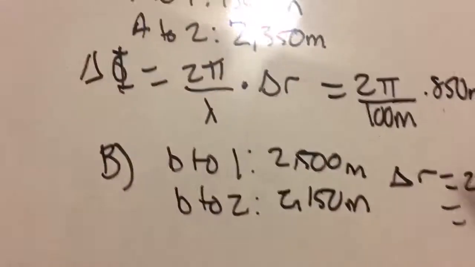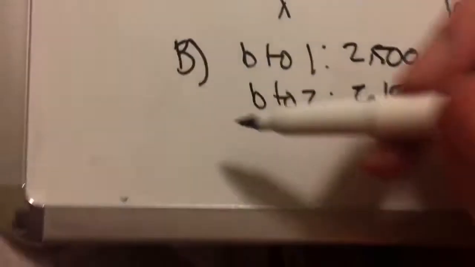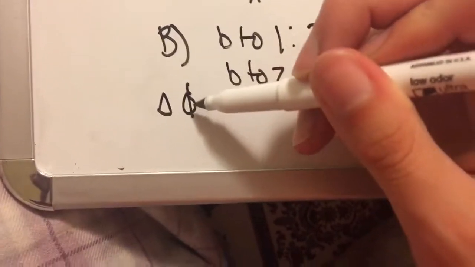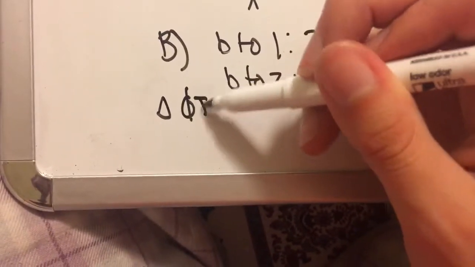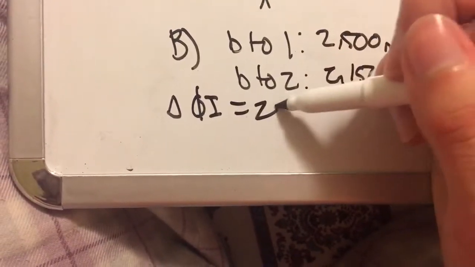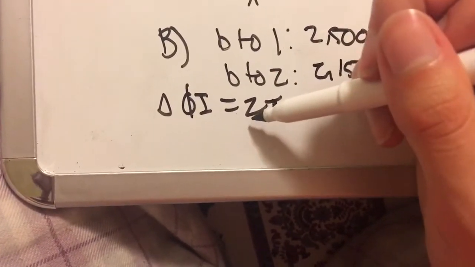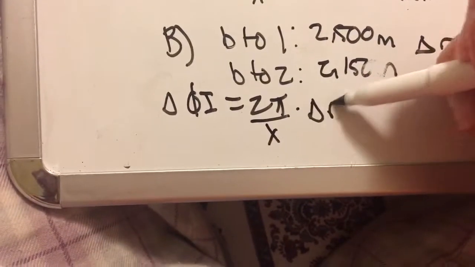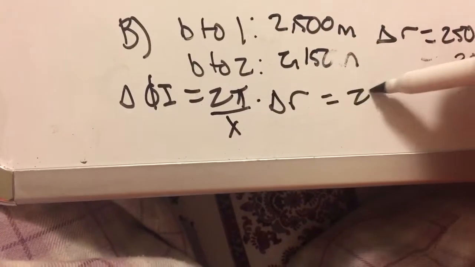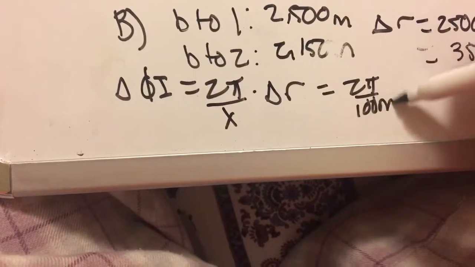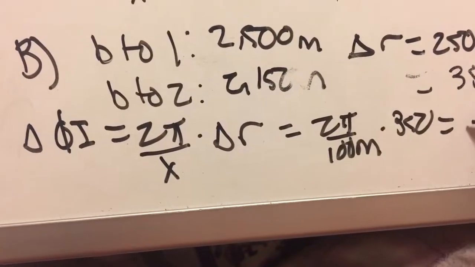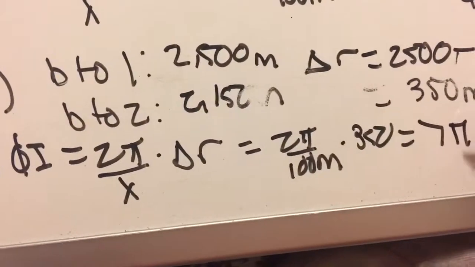So we're going to go back and use this equation again to get delta big psi, which is equal to 2 pi divided by wavelength times delta R, equal to 2 pi divided by 100 from before times 350, and that's equal to 7 pi.